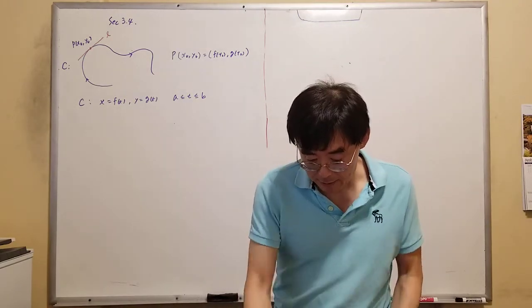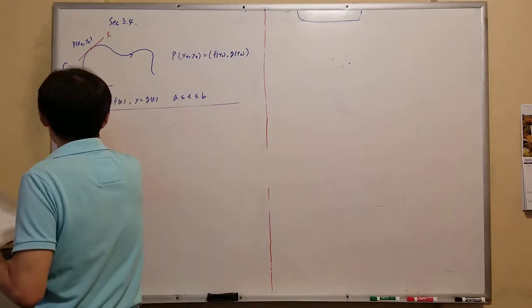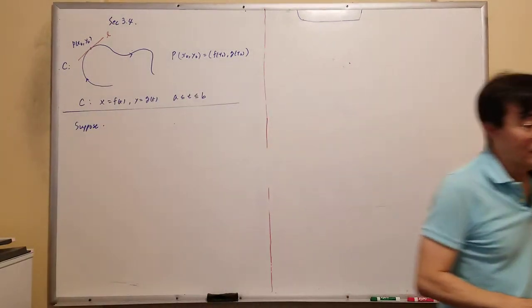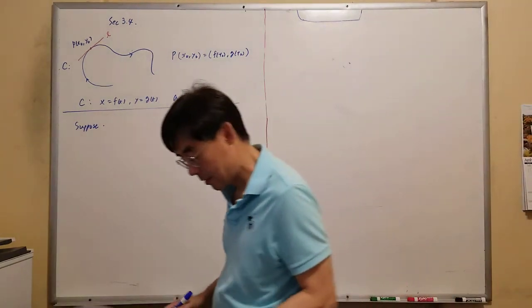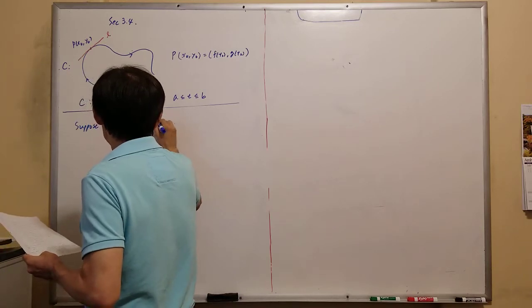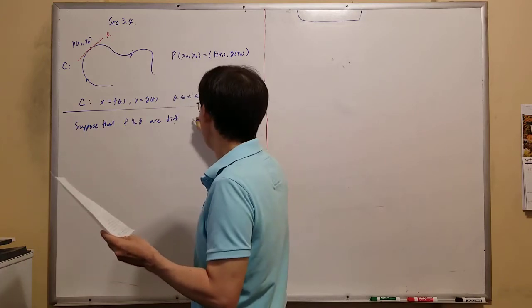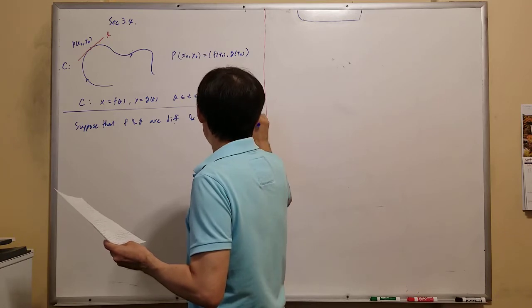Now here, suppose that both f and g are differentiable and x equals f of t is 1 to 1.